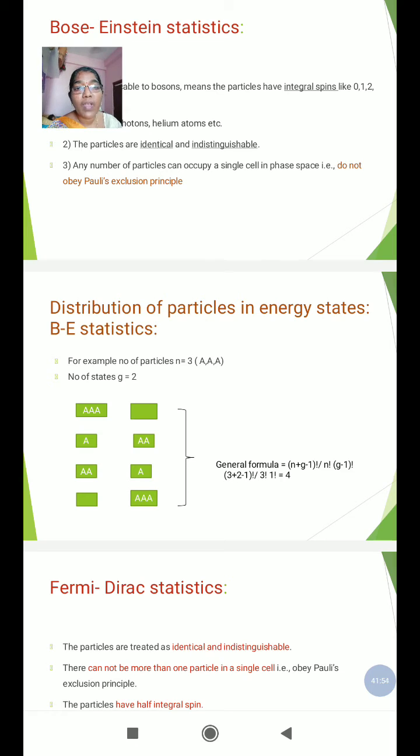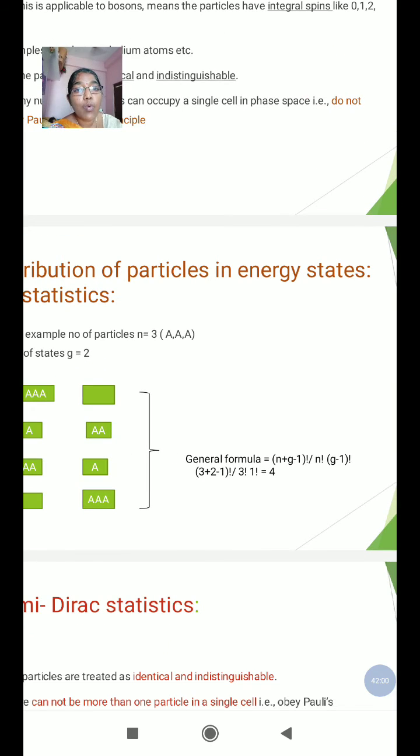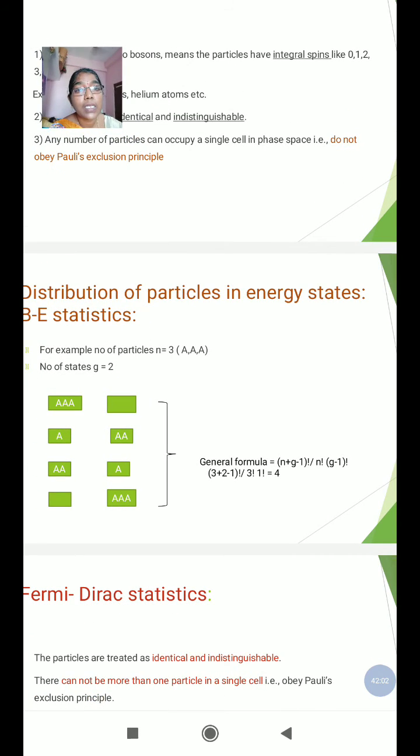To simplify that problem, we have the general formula for the distribution of particles in the energy states for Bose-Einstein statistics, given as (n + g - 1)! / (n! (g - 1)!). Here n means the number of particles and g means the number of states.